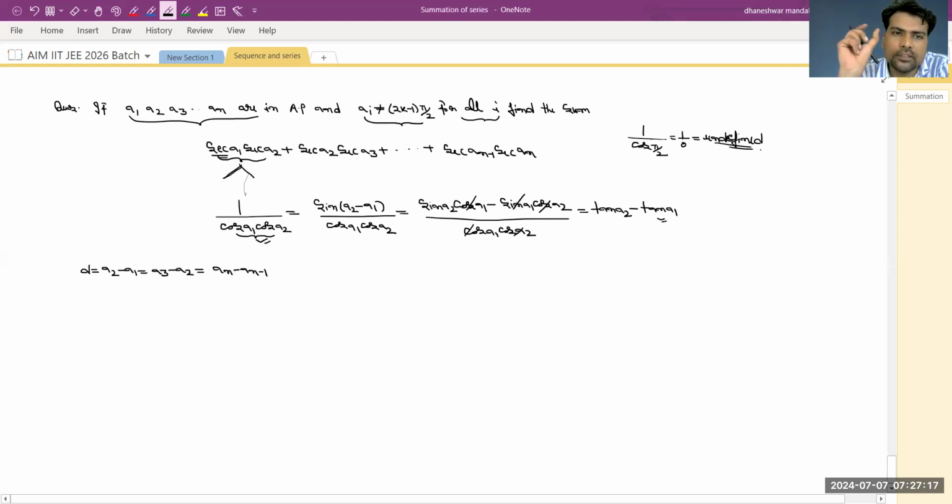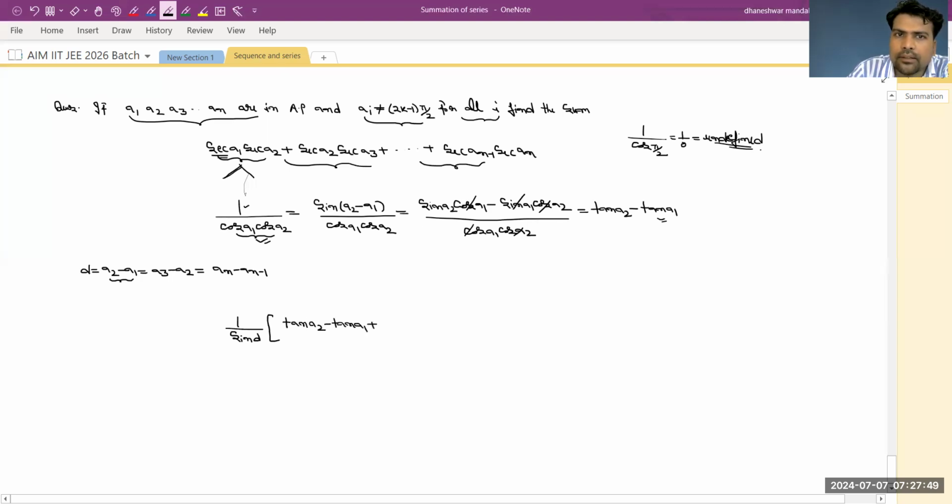If I take the difference between two consecutive terms, it means I multiply this whole expression with sine of D and divide by sine of D. If I take A2 minus A1 in place of D, this term will be converted into tan of A2 minus tan of A1.